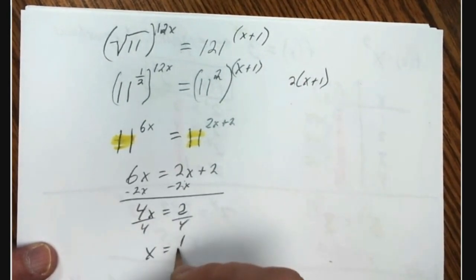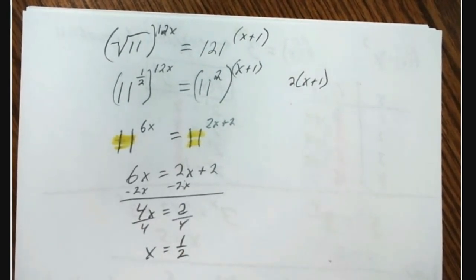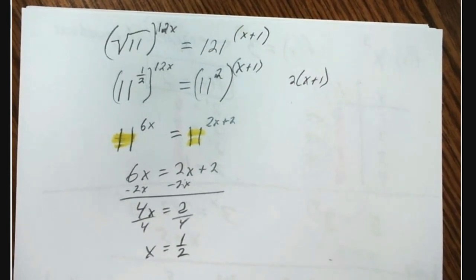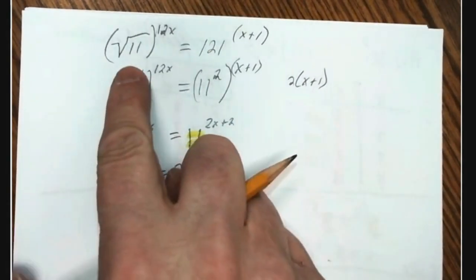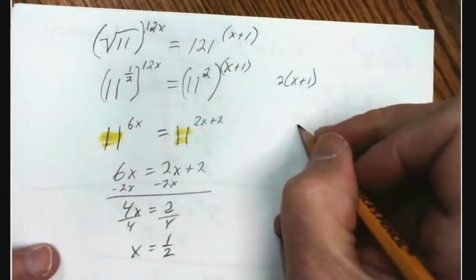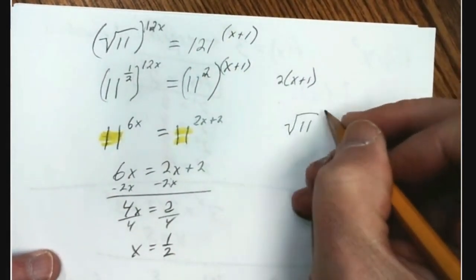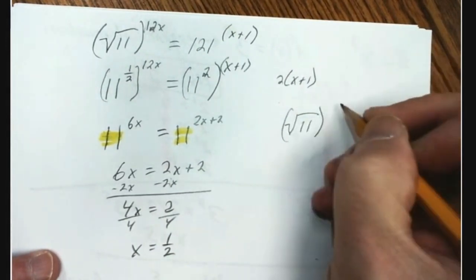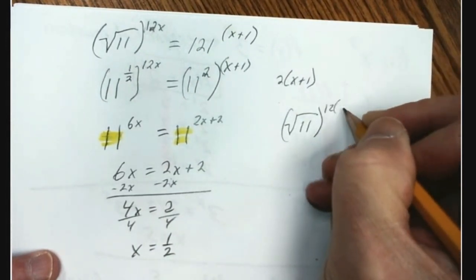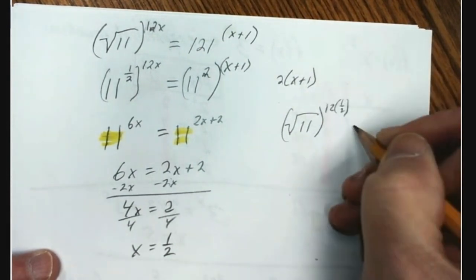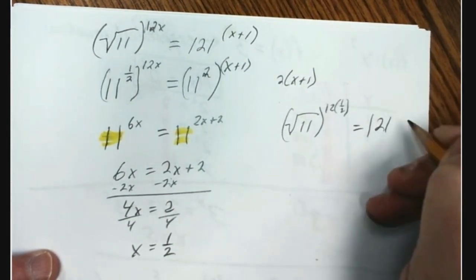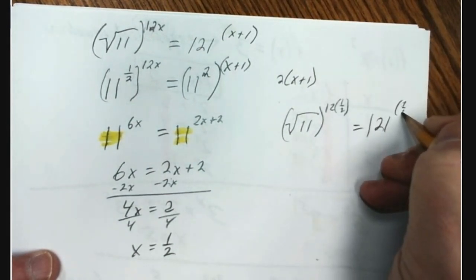X equals 1/2. So x equals 1/2 was our answer. So in this equation, if we substituted square root of 11 to the power of 12 times 1/2, it would equal 121 to the 1/2 plus 1.